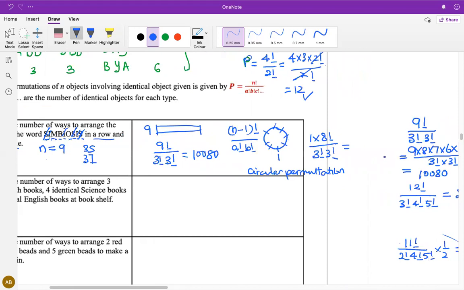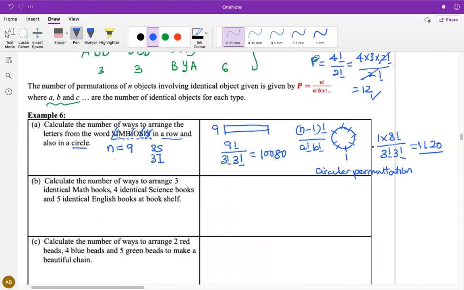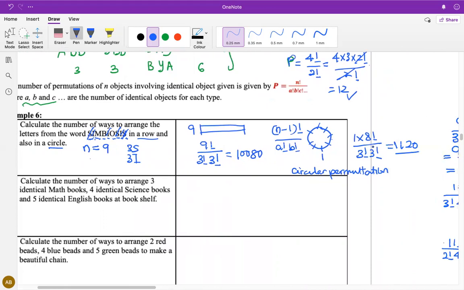Use your calculator, 8 factorial divided by 3 factorial divided by 3 factorial. So you get 1120 ways to arrange an object with 3 identicals, 3 identicals, right? 3 factorial, 3 factorial. So it's 1120.